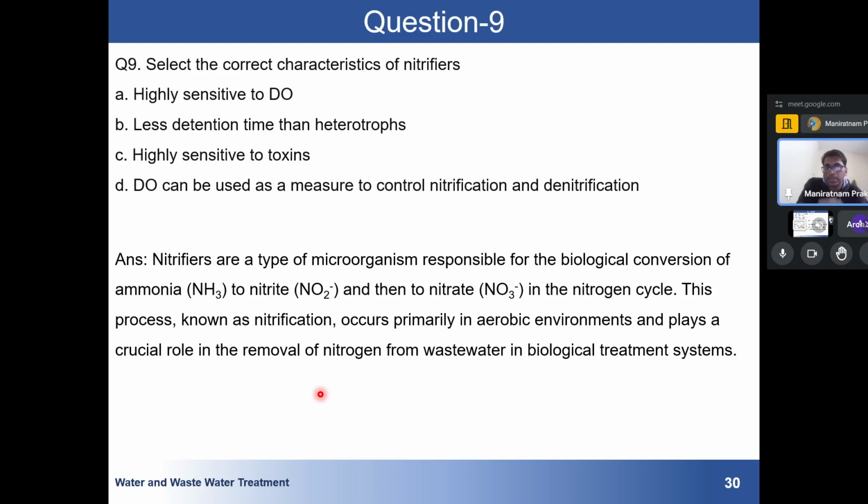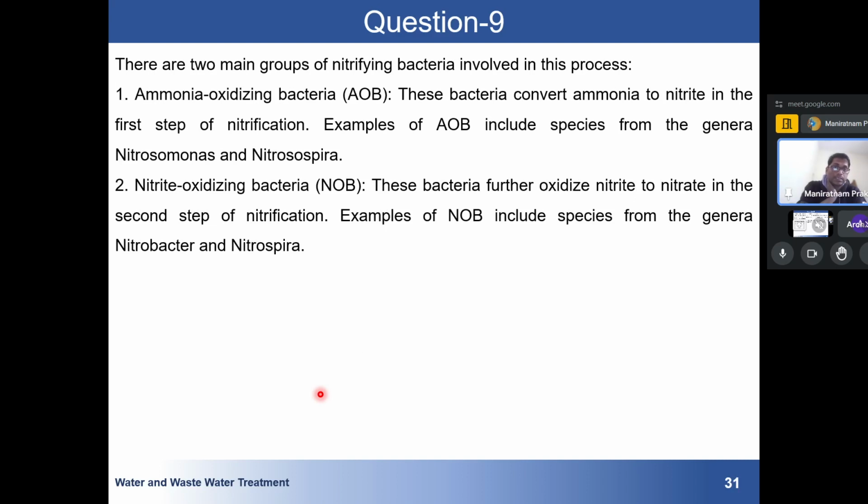That treated wastewater contained high nitrogen, so it will lead to eutrophication in the lake or river, because nitrogen is the main ingredient for algal growth, and algal growth results in eutrophication. So that's why it is important to remove this nitrogen from the system.